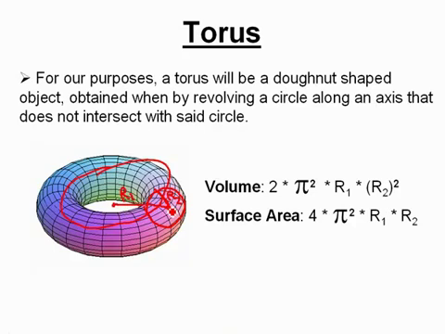It doesn't have to be the big circle I drew that was ugly. It can be this small one that was nicer. So from the center of that circle to the center of the torus is R1. And the other one from the center of the circle to the circumference of the circle is R2. So 2 pi R1 times R2 squared is the volume.